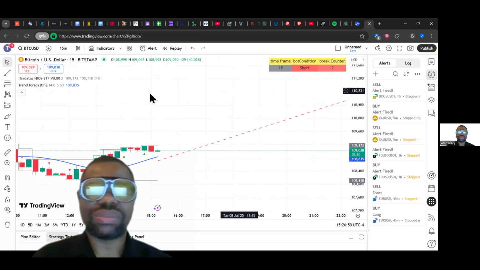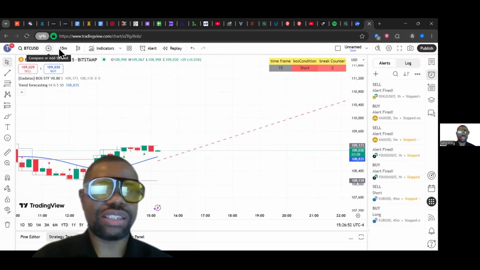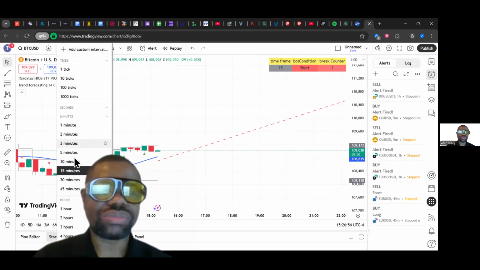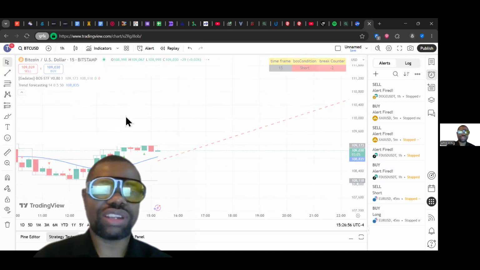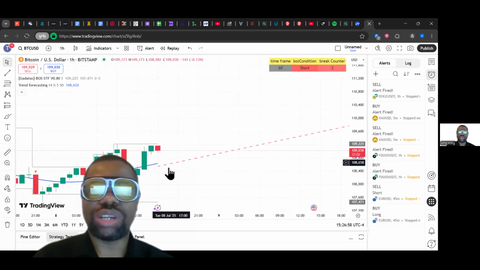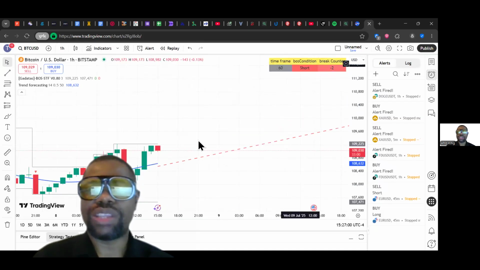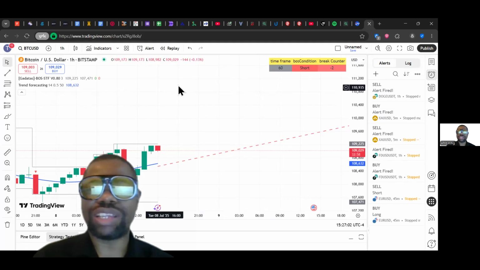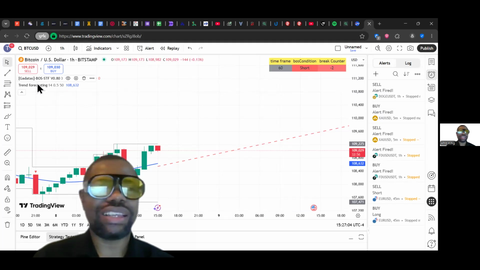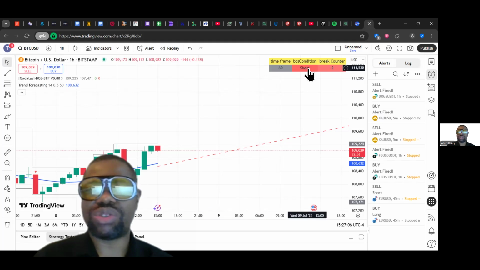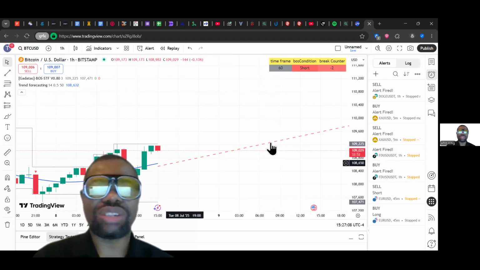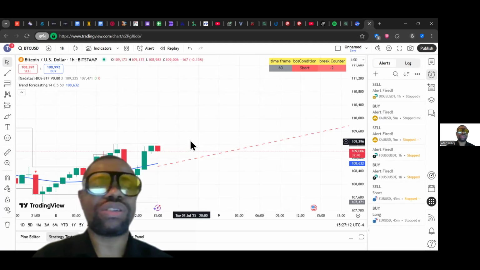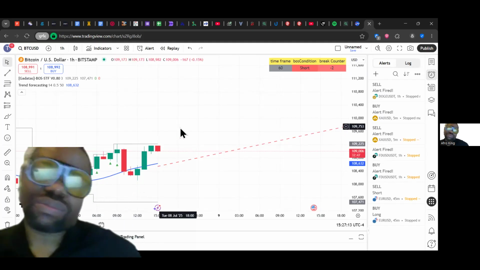Let's see what it says for the next one. We did this using a 1 hour candle. Now when you have something like this, where the first indicator is giving you a short signal while this one is forecasting, you should know that there is no proper decision that you can take.